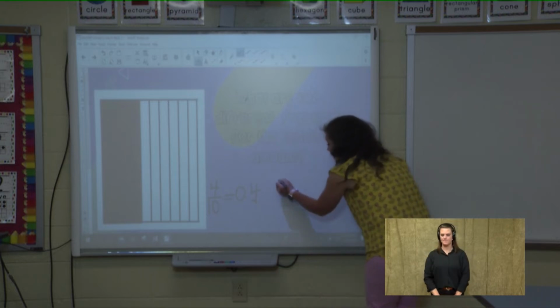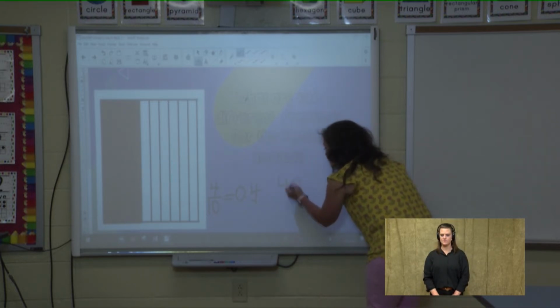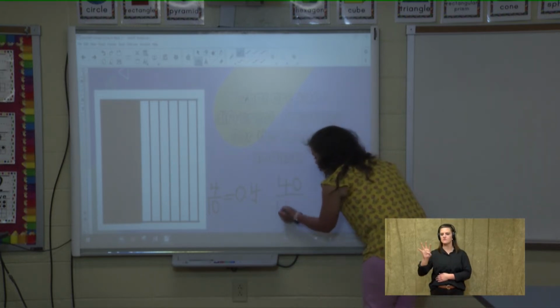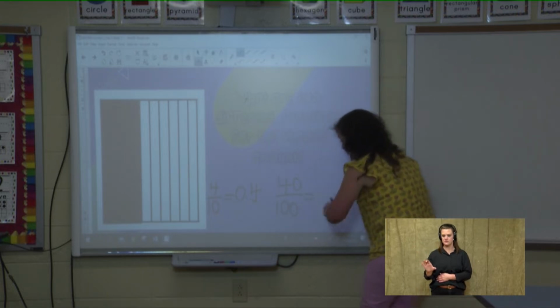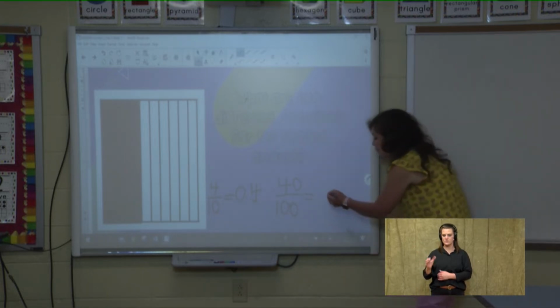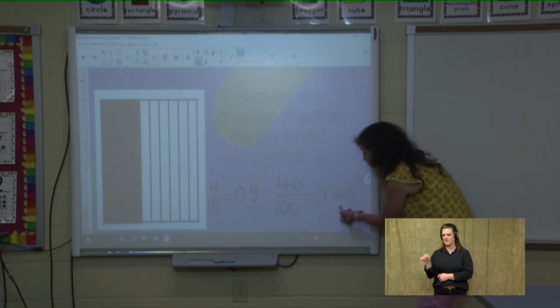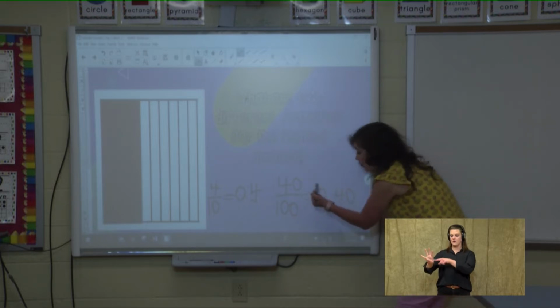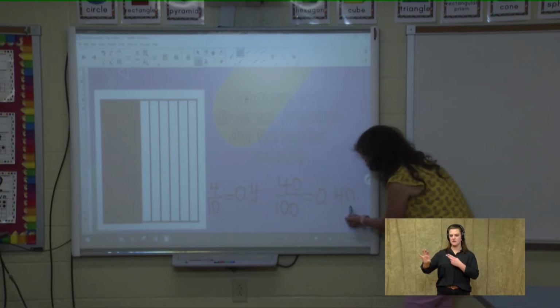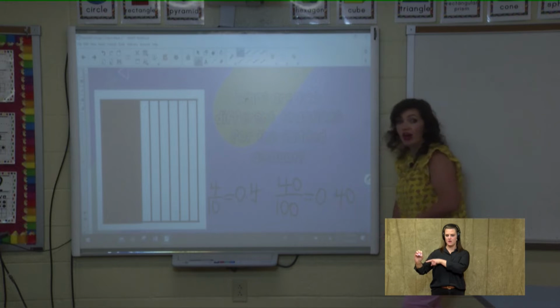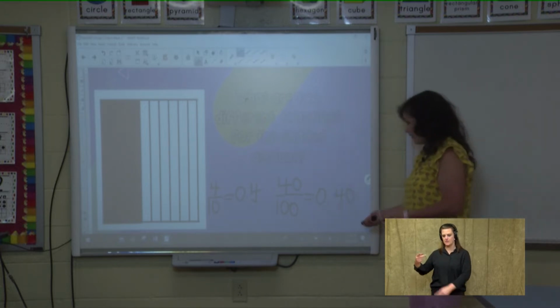Now I know that 4 tenths is the same as 40 hundredths. And so for my decimal, I would write 0.40. This would be my 4 tenths, 4 in the tenths place, and this next spot is actually my hundredths place.